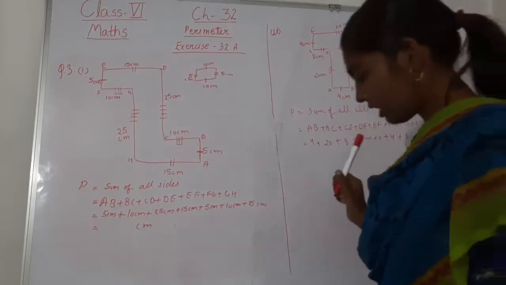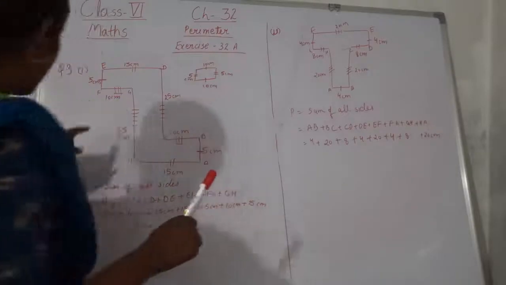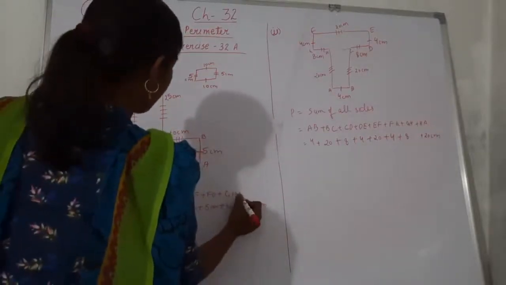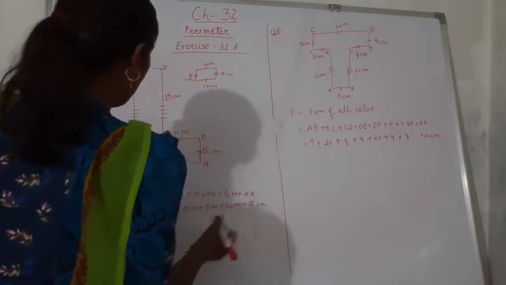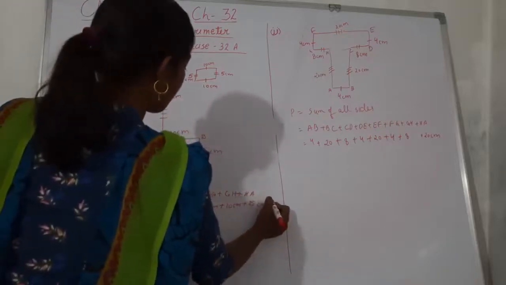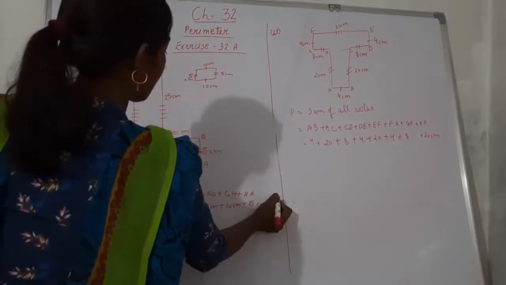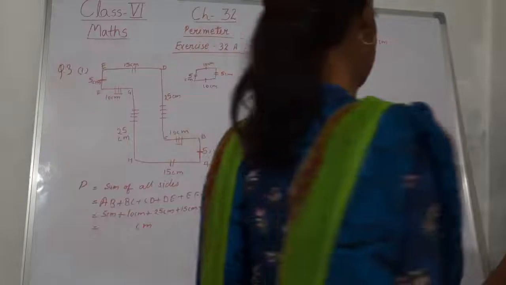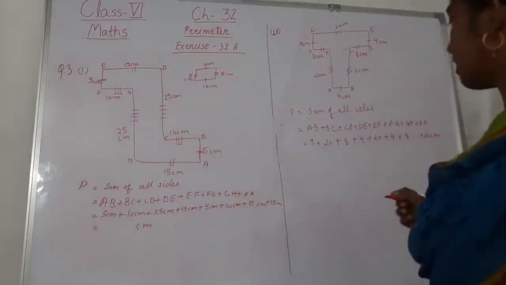Here I think one thing is left in this question. GH I have taken, HA I forgot to take. HA will also be there, and here one more 15 will come. If previously you didn't get the correct answer, now you will get the correct answer.